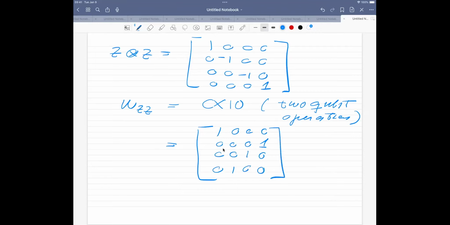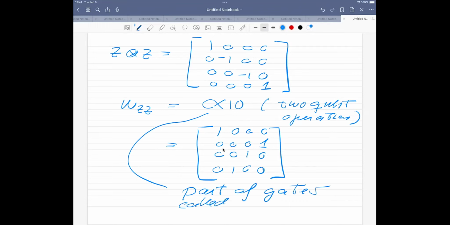So this is part of a set of gates called control gates. And there are many of these gates. So let me show you some of them.